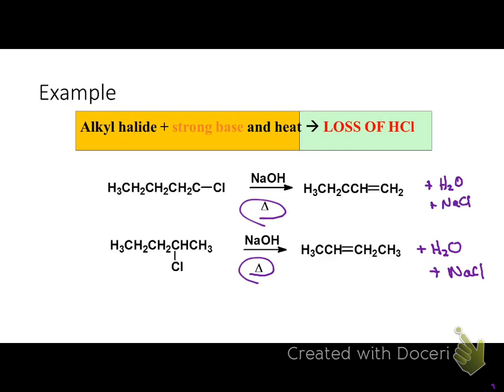Now we'll go over the mechanism in a little bit, but you remove water, and it helps to think about the fact that you're eliminating a water molecule, because when you heat up a solution, it tends to drive the water out of it, and so by driving the water out, you end up getting elimination products. So these reactions are tricky in the sense that they look like they could be substitutions, but because of the triangle, this means heat, okay? I don't know if you guys know that or not, actually. That means you heat it up, you get elimination instead.